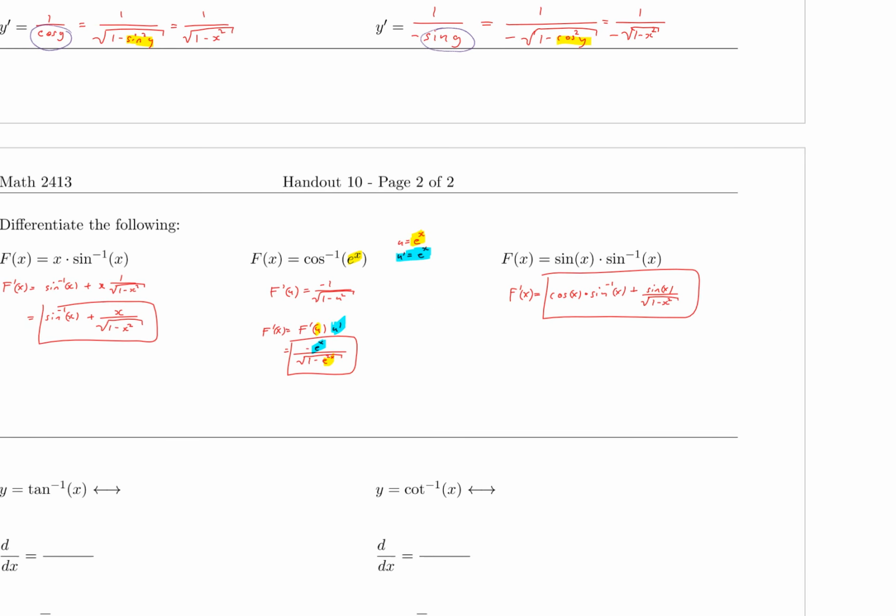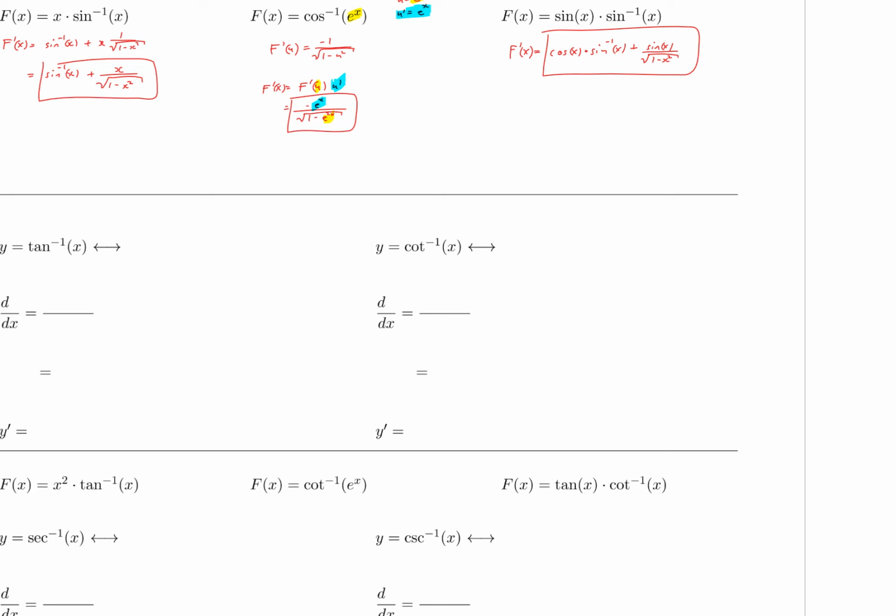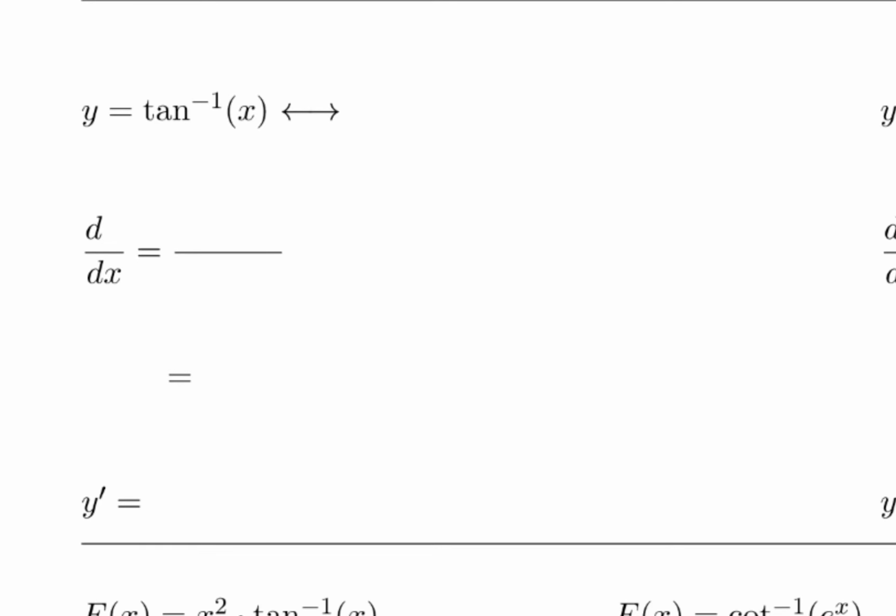Alright, so now we're going to go on down. We're going to find the derivatives for the inverse tan and the inverse cotangent functions. And these all follow about the same pattern, so I'm going to go through these a lot more quickly. Take the tan of both sides, get this guy here.